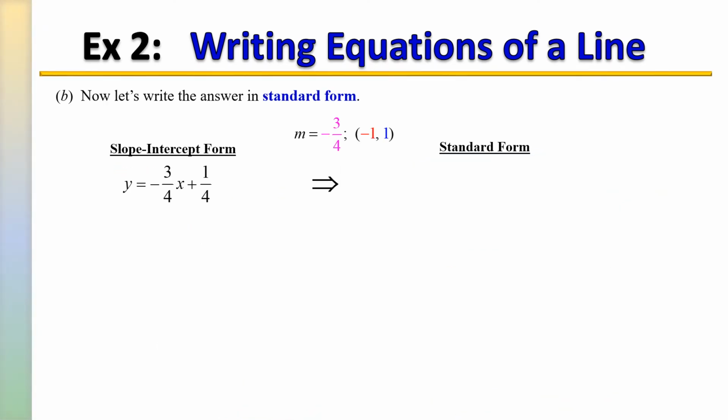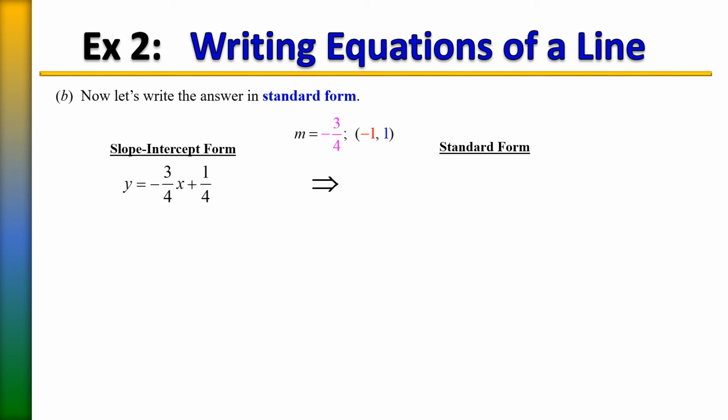Now, what if you were asked to write the line in standard form? Recall standard form is where x is first, then y, and then the constant number is by itself on the right side. So to get that in standard form, I'm going to have to move -3/4 x from the right side of the equation over to the left side.